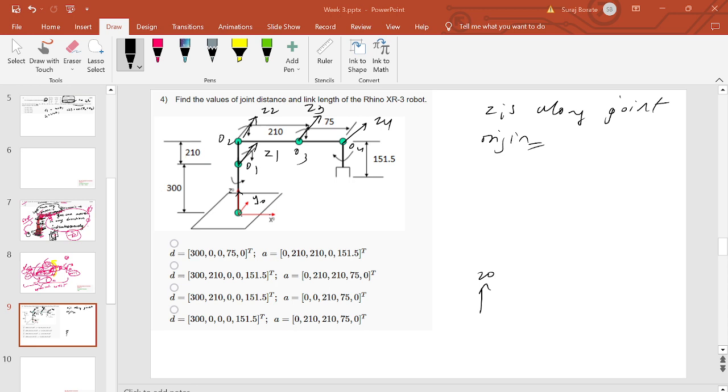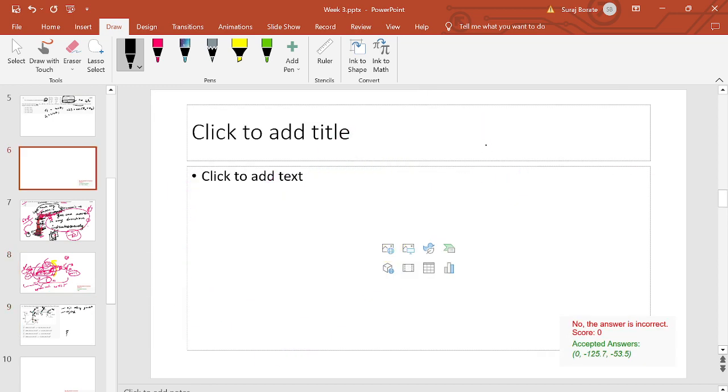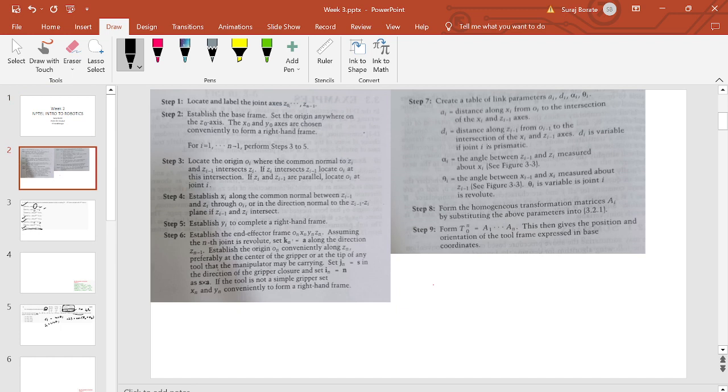Okay, so we have seen all our O1, O2, O3 and O4. So what we did was first we did the Z axes, then origins. Any doubt in how we did the origin? We followed this rule, right? Locate the origin Oi, step 3, where the common normal to Zi and Zi minus 1 intersects Zi.